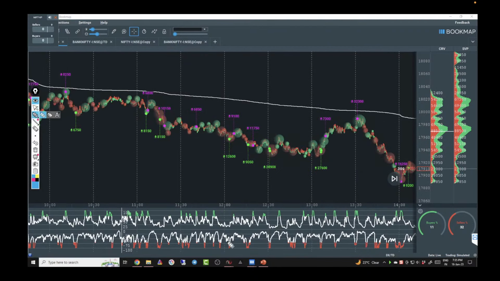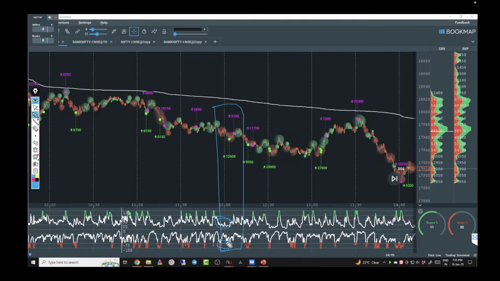Listen to me carefully. At this area, we are seeing two times, or basically more, of the aggressive sellers presence. But if you carefully observe, there are no aggressive buyers at all. Is there a volume pressure difference? Yes, there is a difference, and at the same time there is no buyers presence.